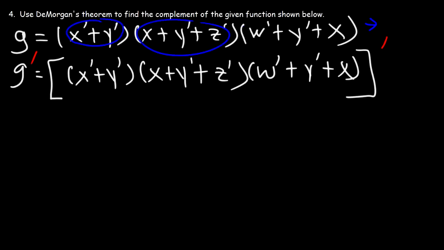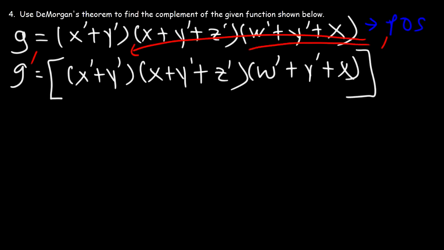So these are sum terms, and we're multiplying them. So this is considered a product of sums expression. So let's convert it to a sum of products expression. So just like before, the first thing we're going to do is apply the complement to the three sum terms, changing the AND operation into an OR operation.